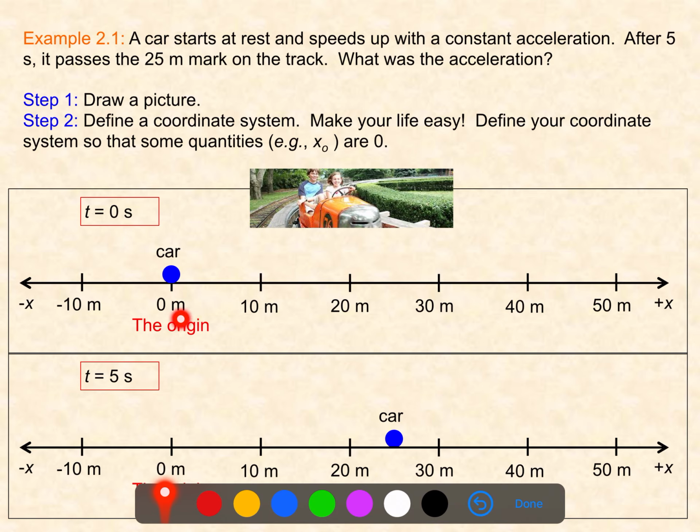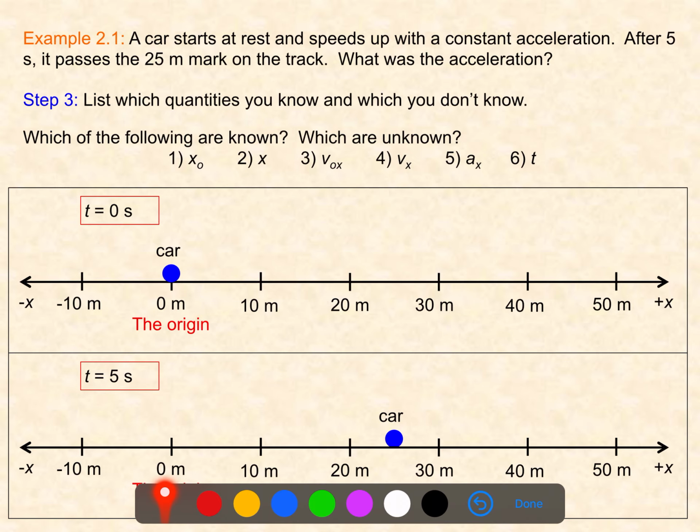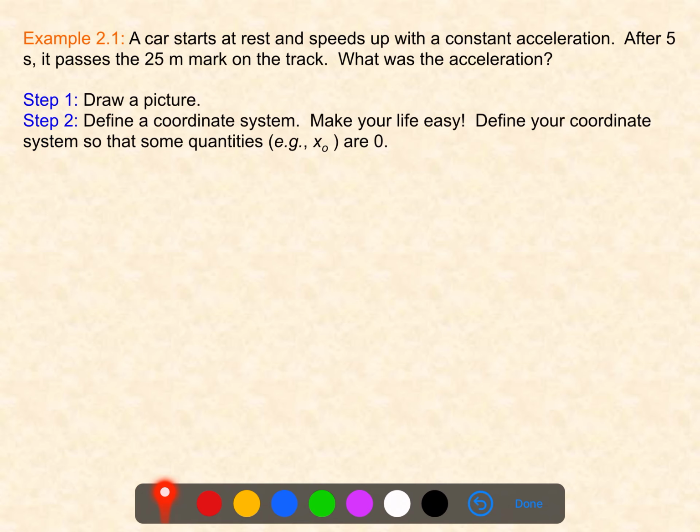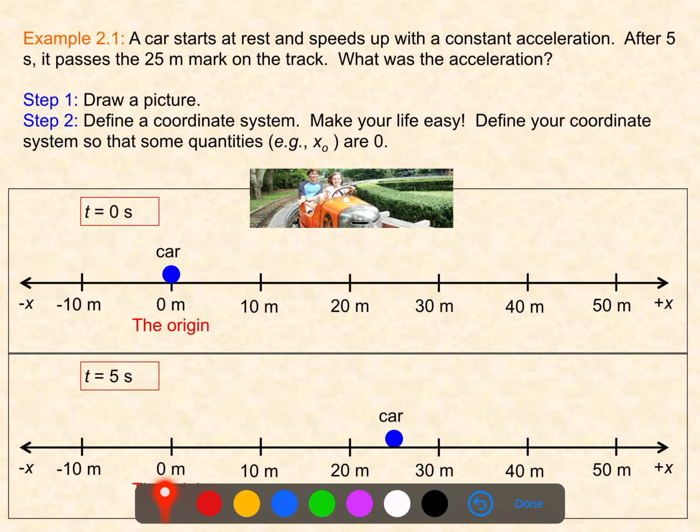It's better to make it 0 at time equal to 0, and then 5 seconds later I know its position is going to be 25, and I don't have to add 10 to whatever the 25 mark is. So here's a rough sketch of time equal to 0 and time equal to 5 seconds and where the car is at each instant.